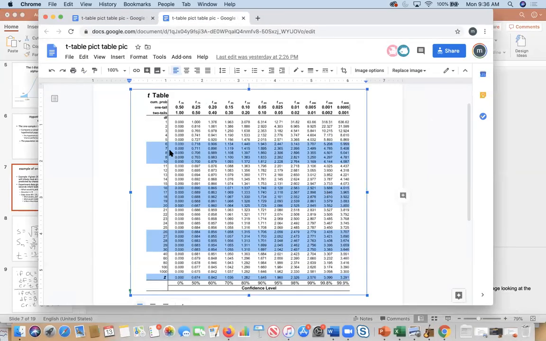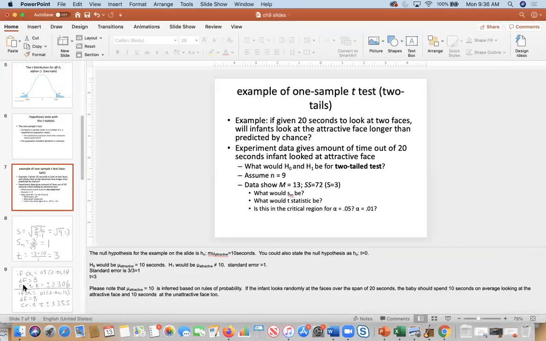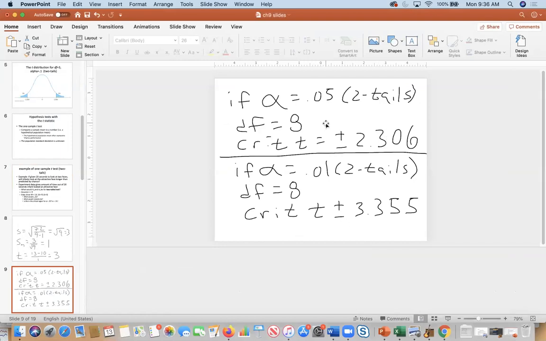So degrees of freedom equals 8 is right here. We're doing a two-tailed test, which is with 0.05 right here. 2 tails, degrees of freedom equals 8. So we look where those intersect, and our critical t is 2.306. By the way, I will work this out for you right here. This is the answer.